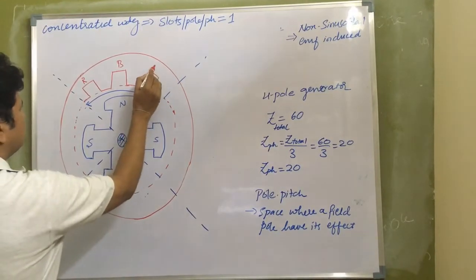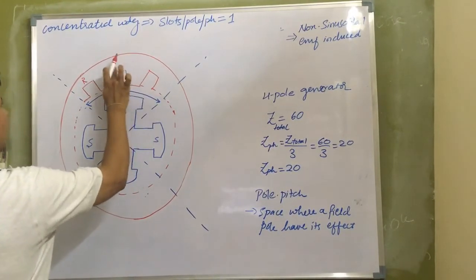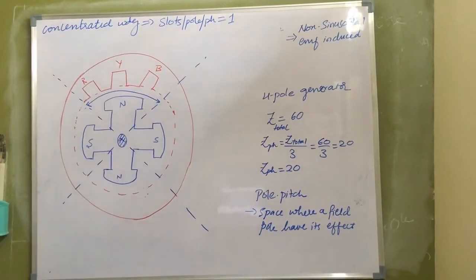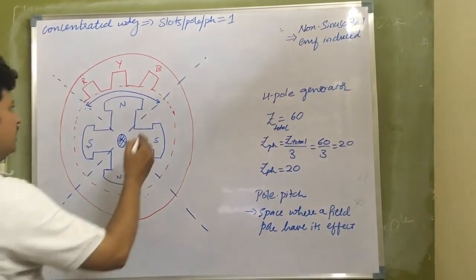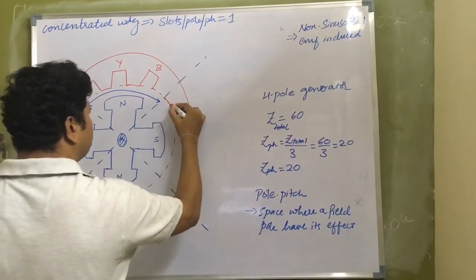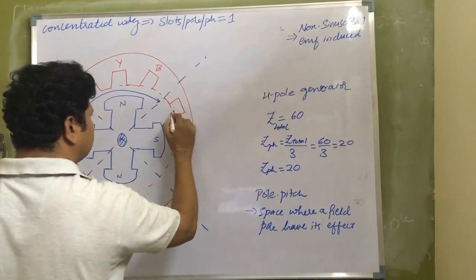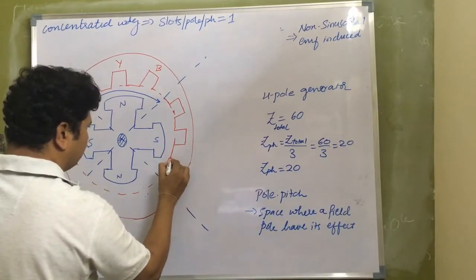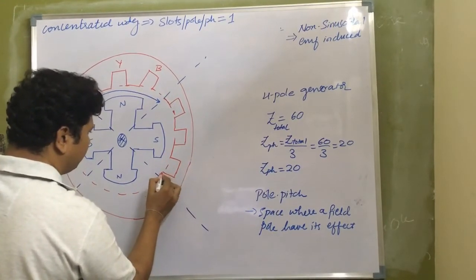Here also I have one slot for R phase, one slot for Y phase, one slot for B phase.